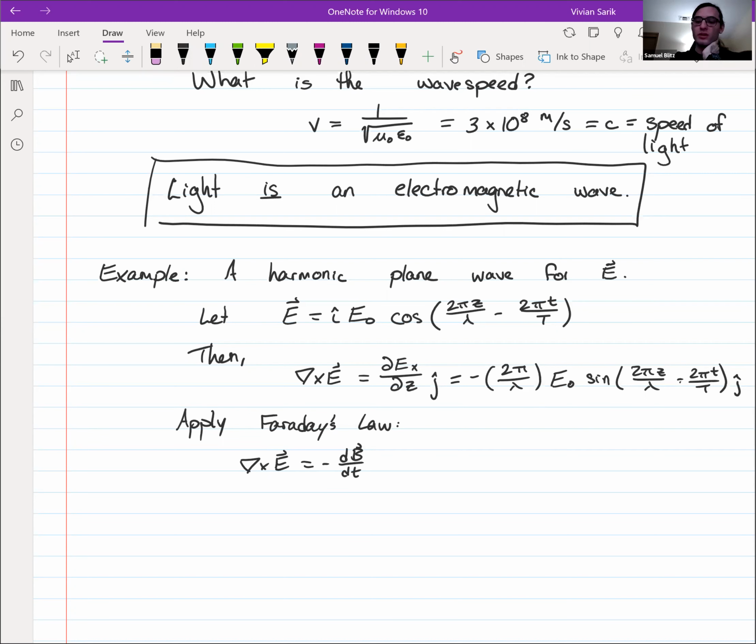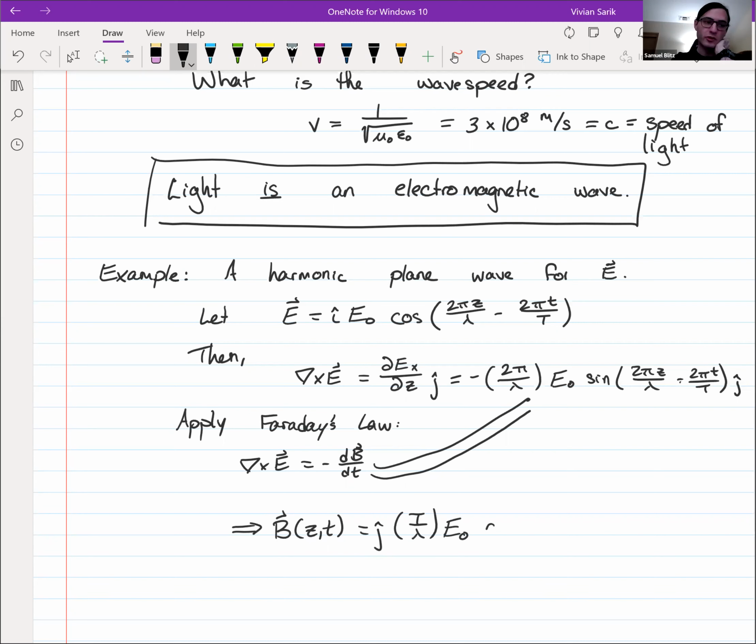So if the minus time derivative of the magnetic field is equal to this thing, then you can just do an integral with respect to t to find the magnetic field. That tells us that the magnetic field, which also varies with z and t, is j hat times (T over lambda) E naught times cosine of 2 pi z over lambda minus 2 pi t over T.